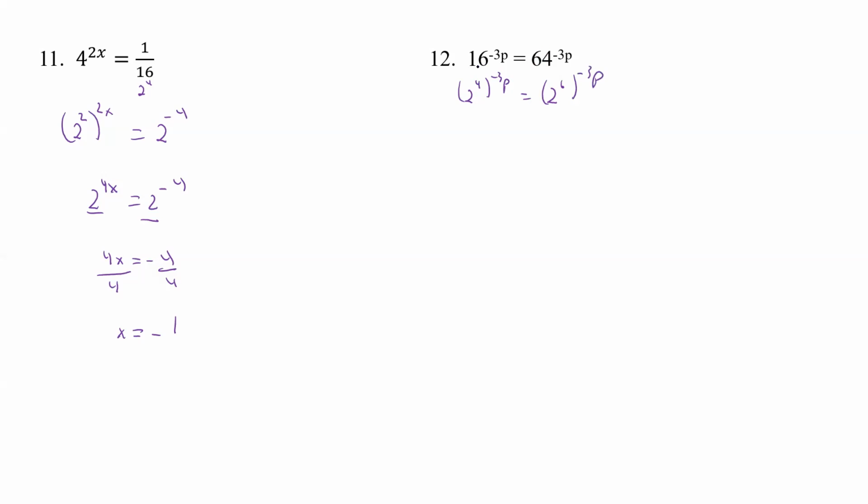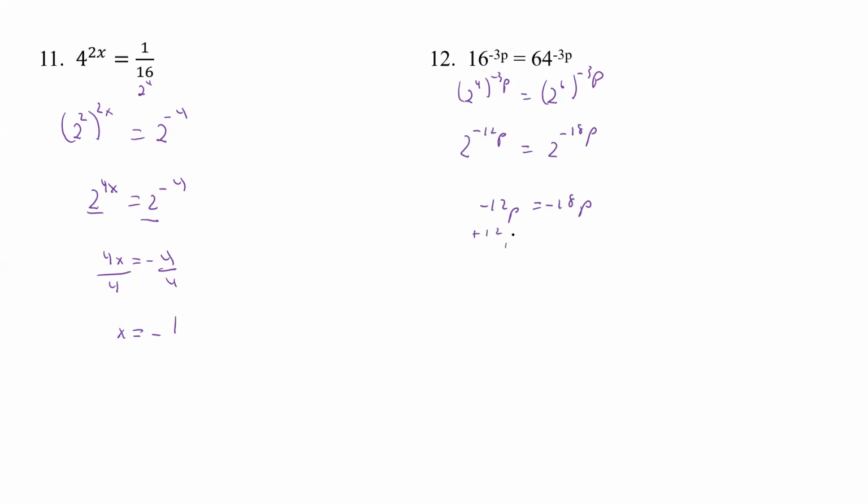Or wait, 2 to the 5th is 32. Yes, yeah, 2 to the 6th. Yeah, 64. Okay. So then we have 2 to the 4 times 3 is minus 12p equals 2 to the minus 18p. And so minus 12p equals minus 18p.